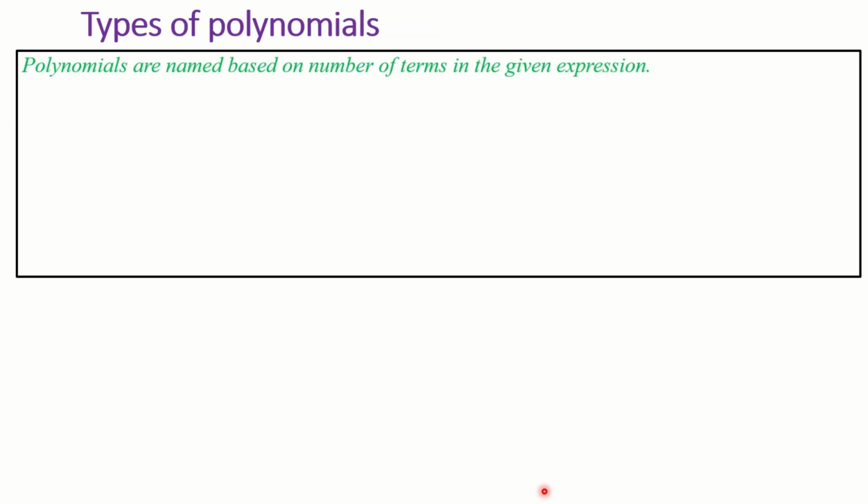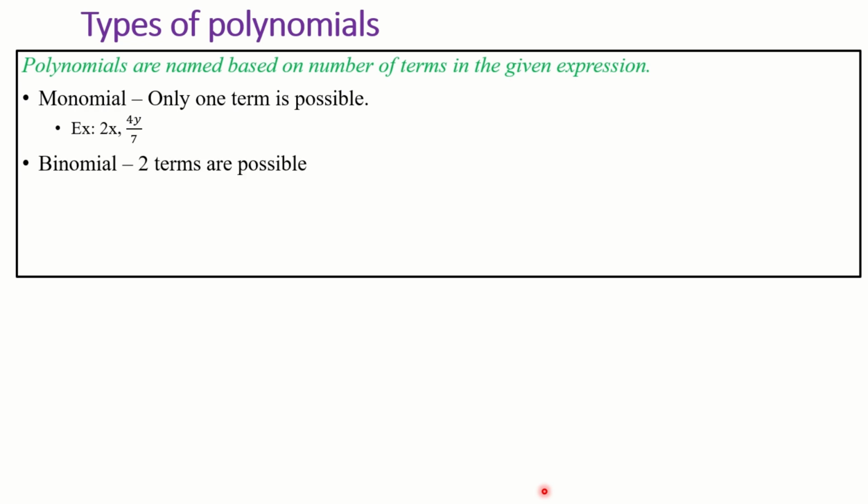Now again, types of polynomials we'll learn based on the number of terms in it. Monomial: in a monomial we have only one term, for example 2x, 4y by 7. Binomial, you have two terms, like 2x plus 7, or square root of p square minus 6 by 5.